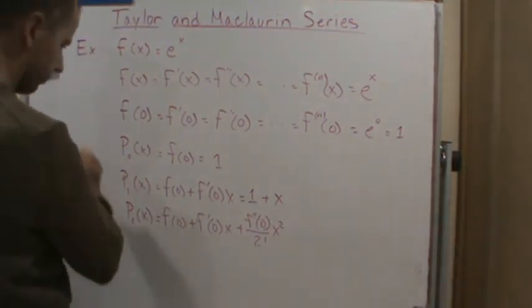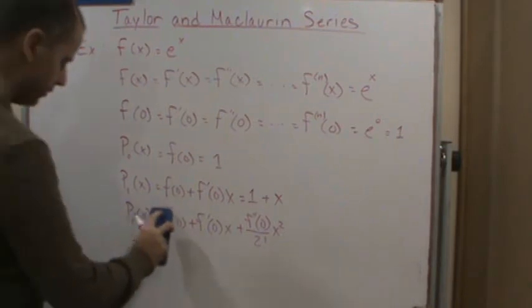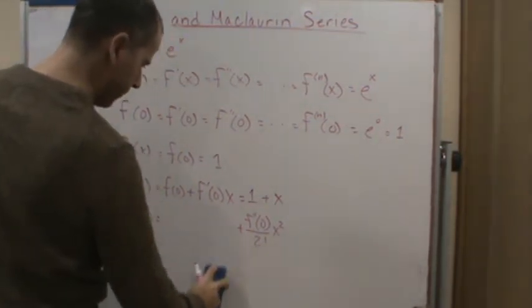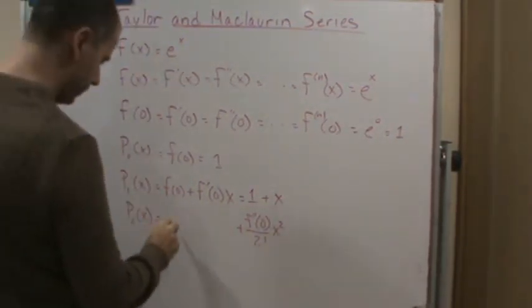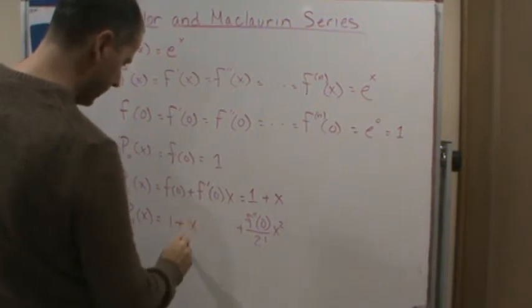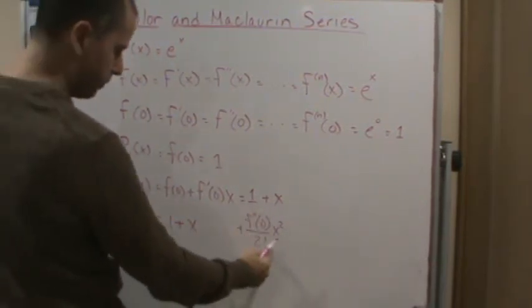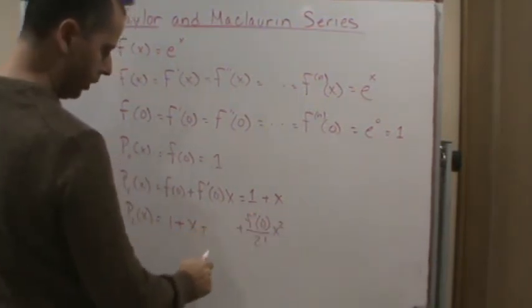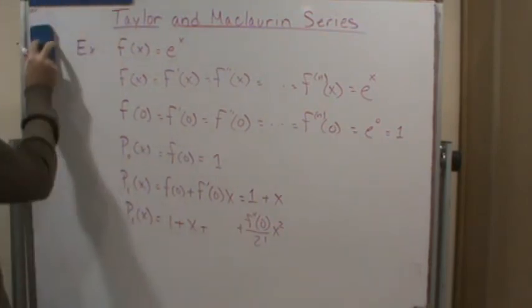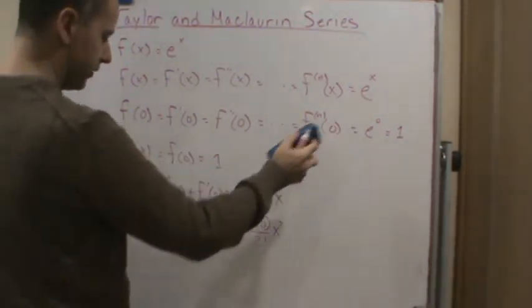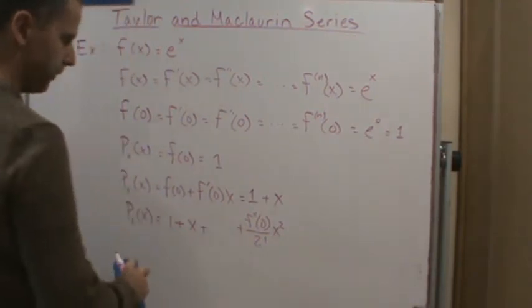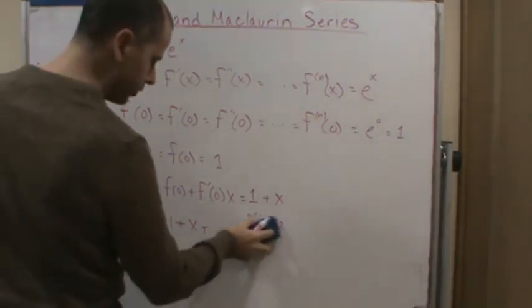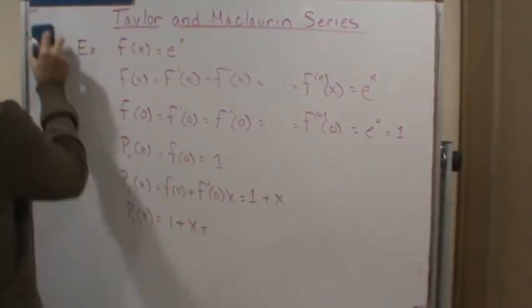Well, the first part is just going to be 1 plus x. And then this term here becomes what? Well, it's all 1, so it's going to be 1 over 2 factorial, which is 1/2, so it's going to be 1/2 x squared.